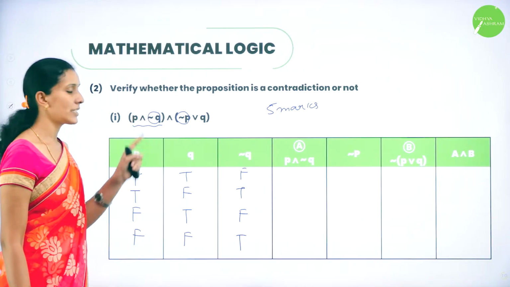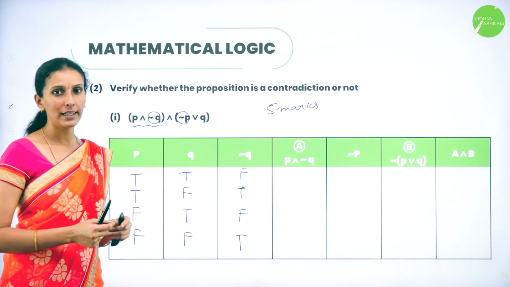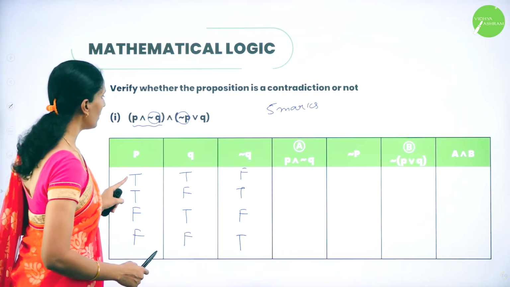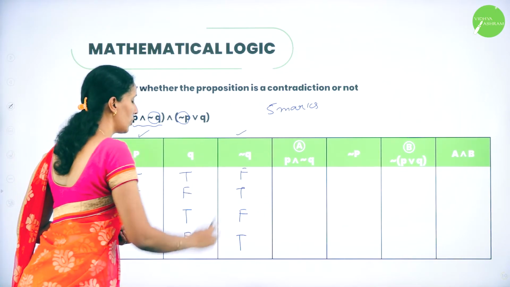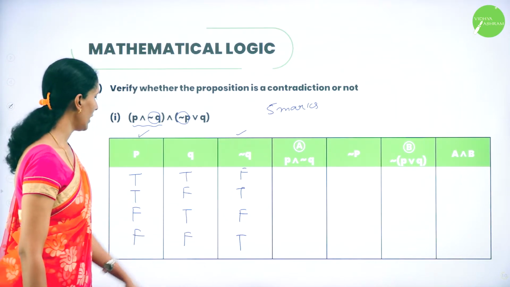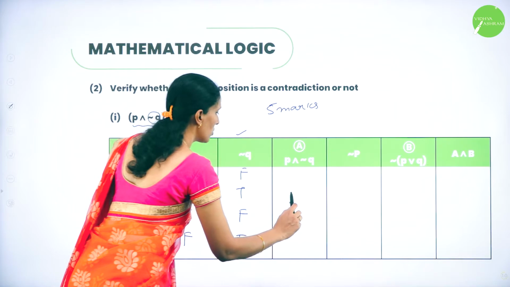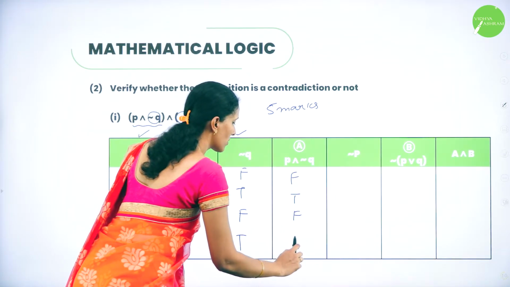What does the conjunction statement say? If both the statements are true, it is true. In all other cases, it is false. So find the case where both P and not Q are true. Only in the second one it is true. In all the other cases, it is false.